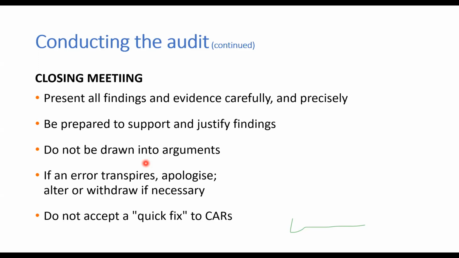In the closing meeting, if you are performing a third party audit, you need to present all the findings and evidence carefully and precisely. Be prepared, and support and justify your findings. Maybe the auditees can ask you some questions. Maybe the auditees have some concern about your findings. So in this case, you should be well prepared. You need to have good evidence.